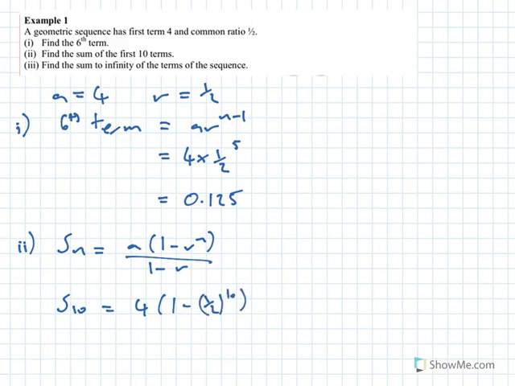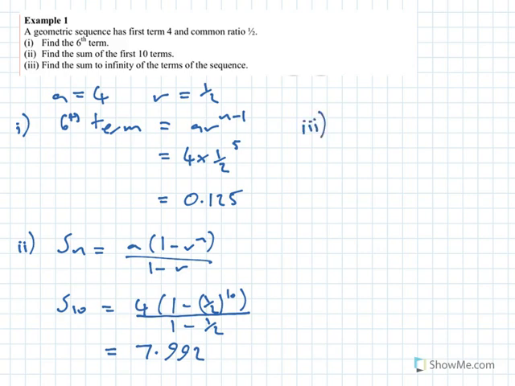I don't know that one. Actually, I think I do. I'll come back to that in a sec. Over 1 take away r, which is half. And if you bang that all into your calculator, you should get 7.992.